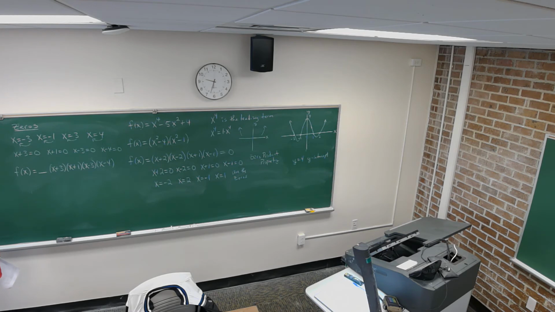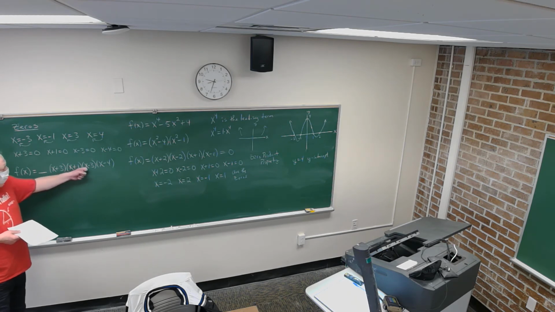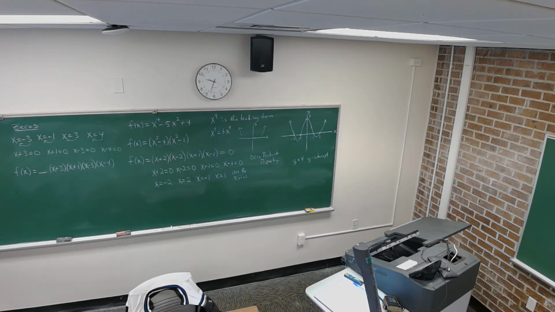We're not done with what f of x is equal to, because if we were to expand this, the leading term would be x times x times x times x, which is x to the 4th. But we're told the polynomial function has a leading coefficient of 2. And so the leading term has to be 2 times x to the 4th. 4th degree polynomial, 2 is the leading coefficient. So we have to multiply these 4 factors by the number 2 up front.